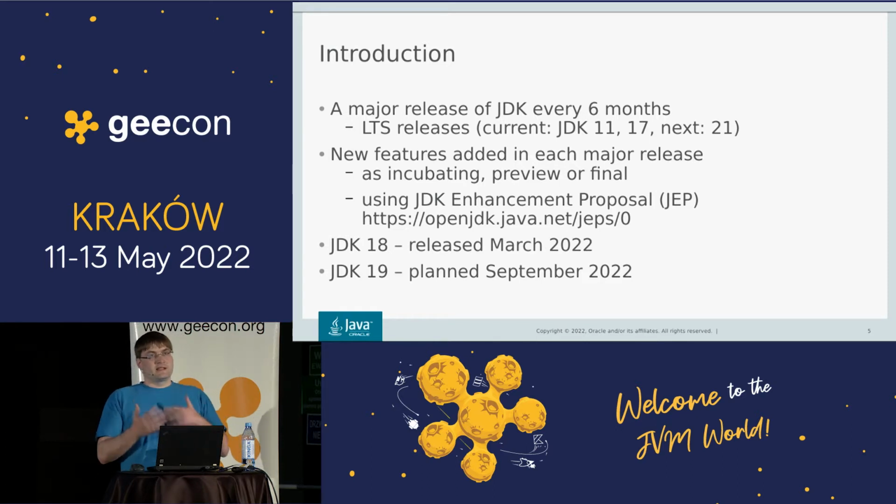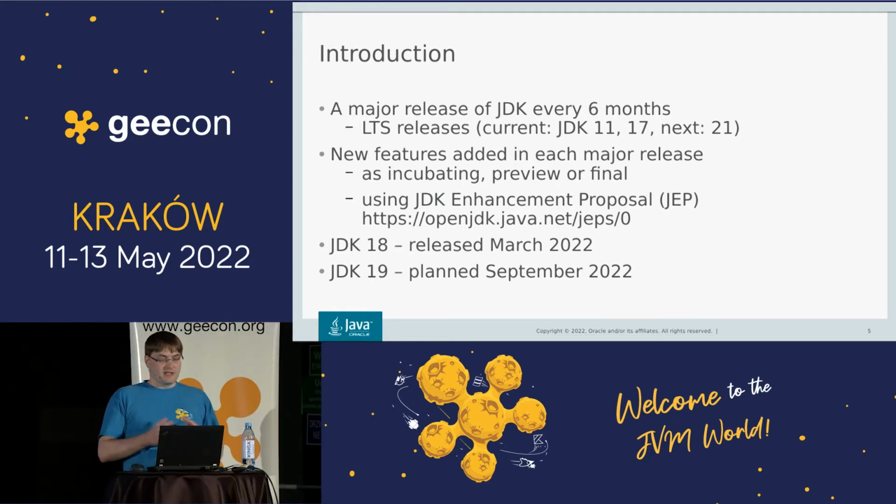But as the cadence is pretty fast, we sometimes add the features as incubating or preview, in which case we seek feedback and adjust the features. And when they are ready, we make them final and permanent, at which point they become a permanent part of the platform.